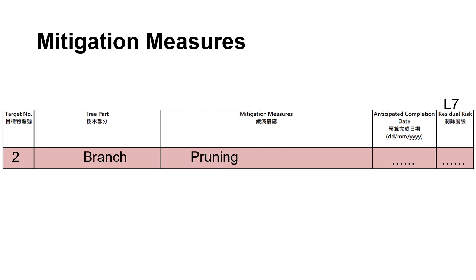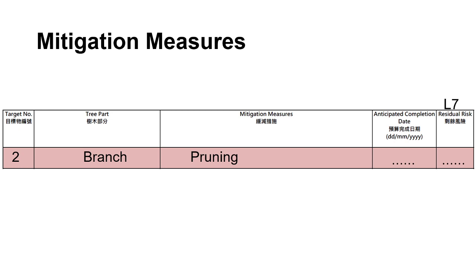You can do tree-based mitigation. You can do target-based mitigation. And then for this anticipated completion date, remember for trees with different colors, there is a time limit for the completion of the mitigation measures. And finally, you have the residual risk, which is the risk that remains after the completion of the mitigation measures.